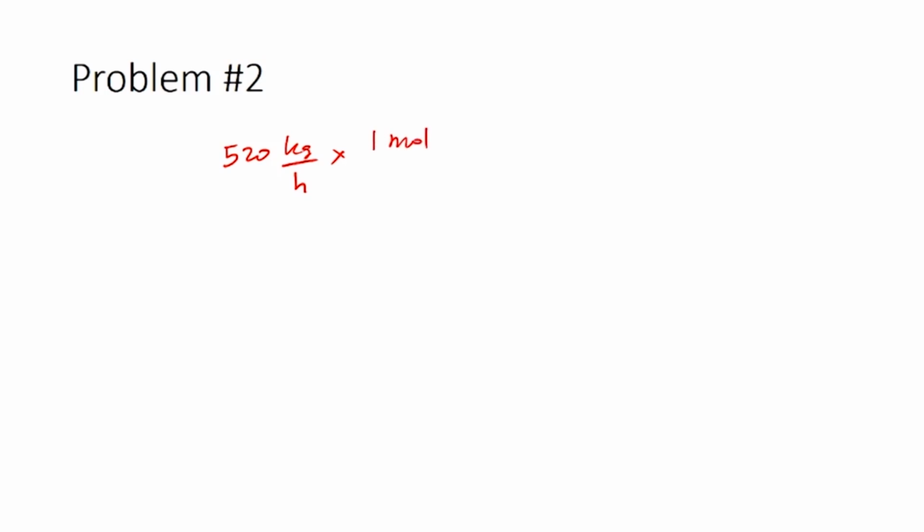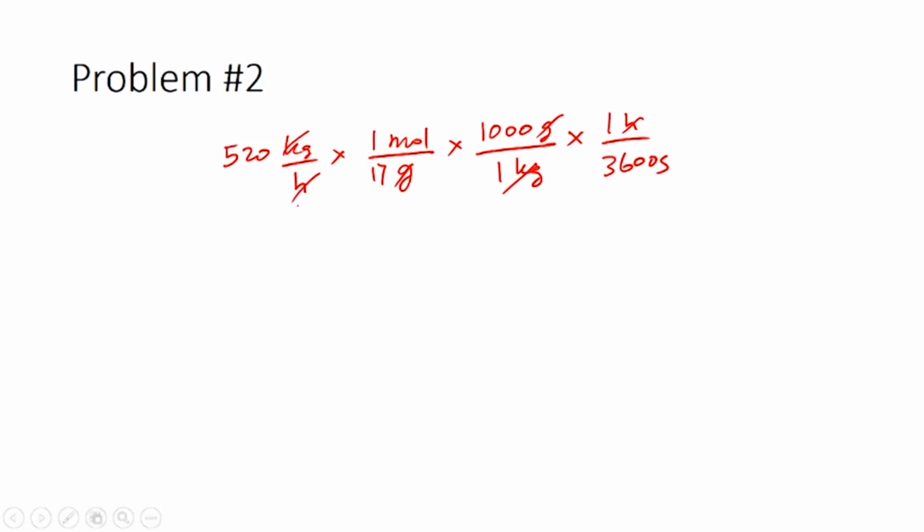So, 1 mole weighs 17 grams, and we can convert kilograms to grams using 1000 grams per 1 kilogram, times 1 hour contains 3600 seconds. Now, kilograms get cancelled, grams get cancelled and hours get cancelled, and you would end up with moles per second. So, the moles of ammonia which is coming in is 8.48 moles per second.